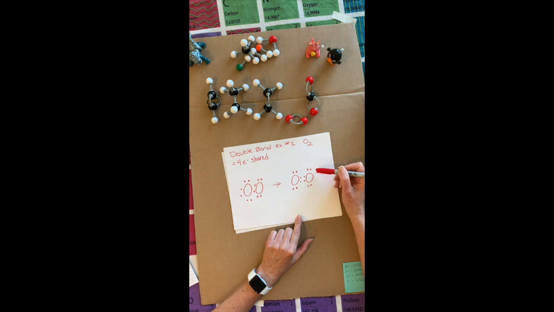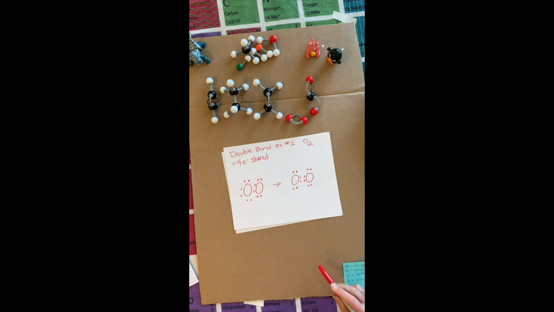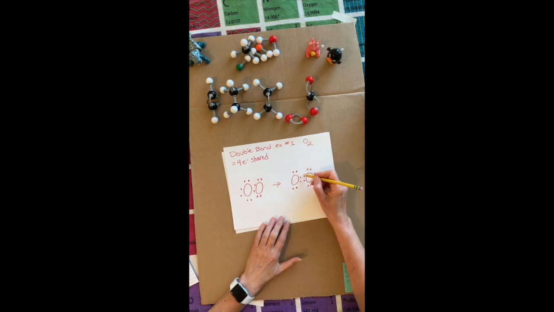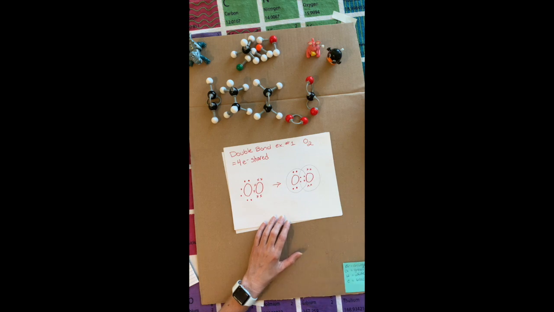But let's count what we have now. 2, 4, 6, 8 electrons around this oxygen, and 2, 4, 6, 8 electrons around that oxygen. So that would be a happy, stable way to look at this, because we have the octet achieved for oxygen that way.